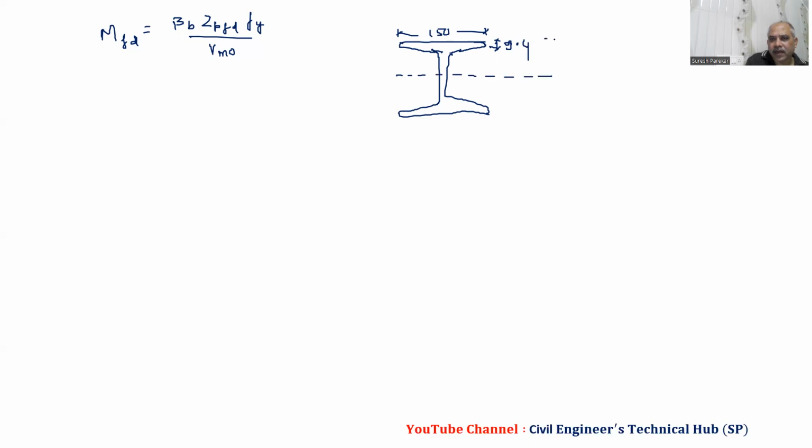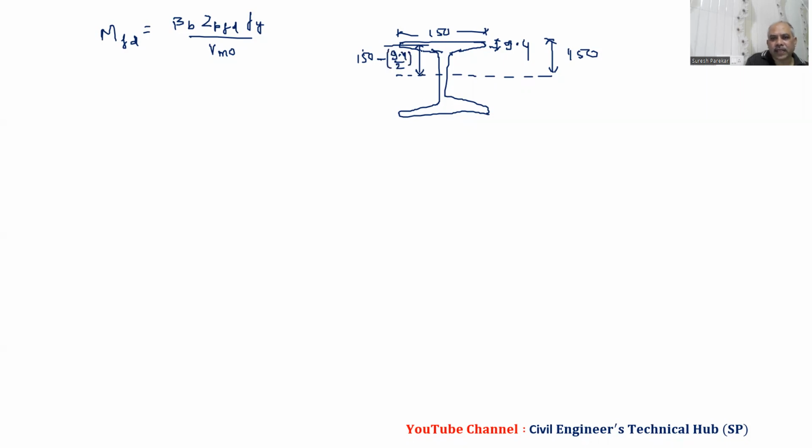So we have 300. We have to find the distance from center, and this will be 150 minus 9.4 divided by 2.